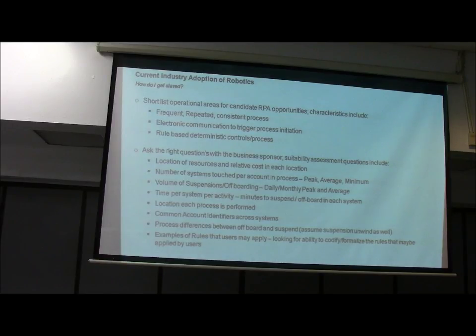These are the questions that you would start engaging with your key sponsor. What we call this is a suitability assessment, right? So you're assessing if this is a good candidate for robotics, and then you stop the conversation, or you take the conversation to the next level.